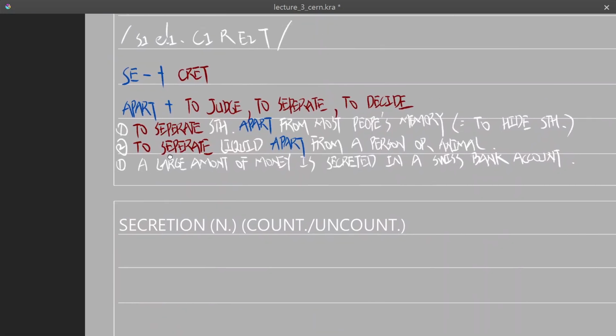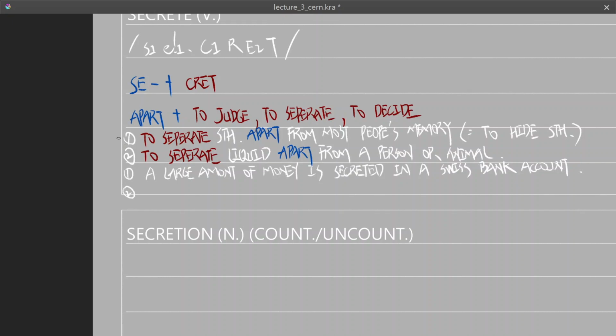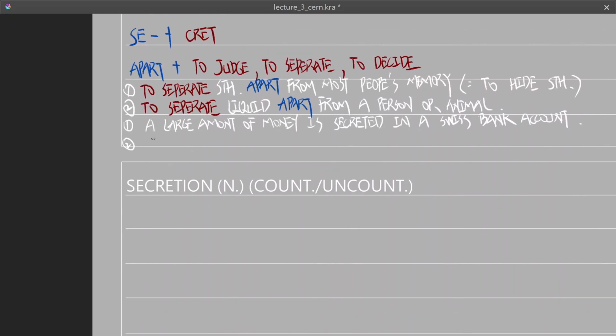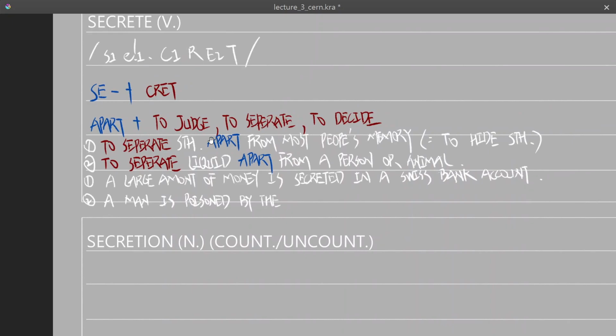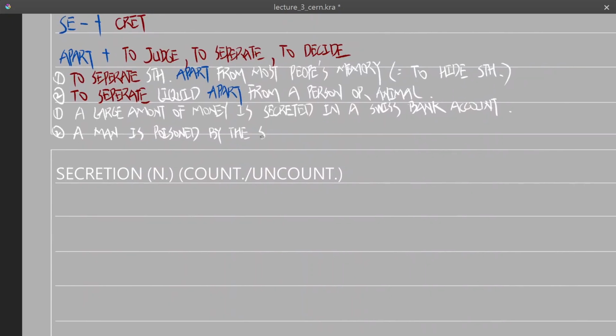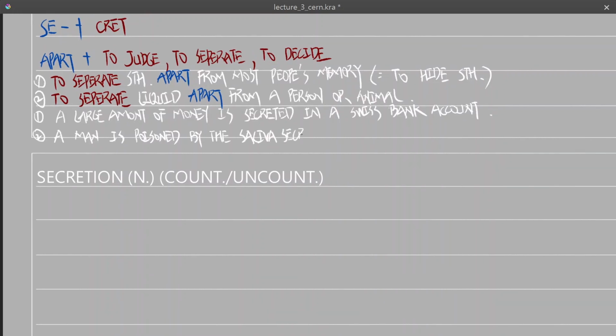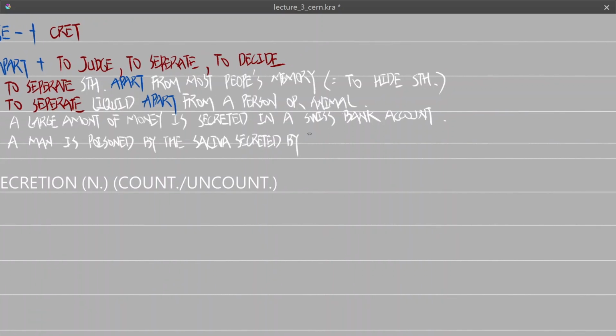For example, a man is poisoned by the saliva secreted by the snake.